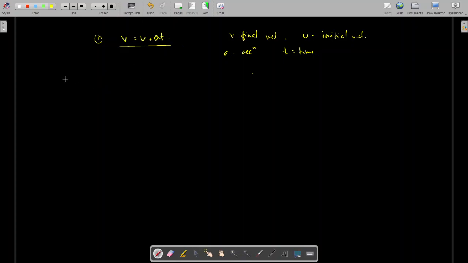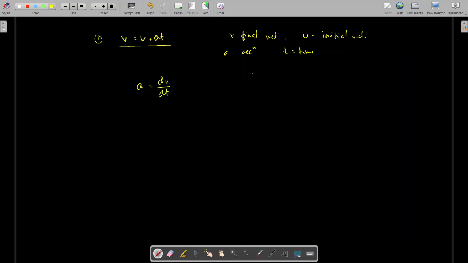So what we know is, if a body starts with initial velocity u, then after time t it attains a velocity v, and the acceleration will be a. So a is equal to dv by dt.